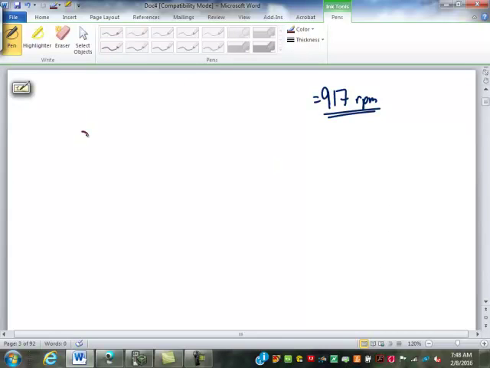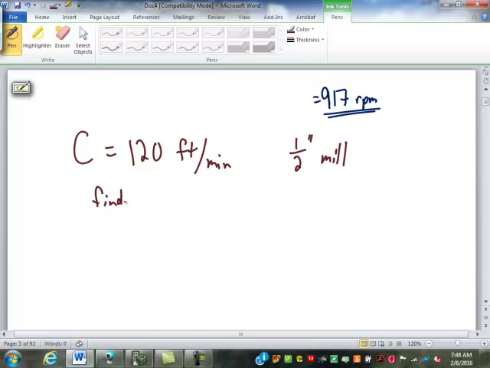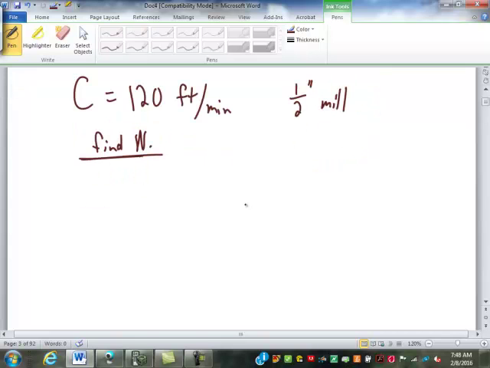So you've got a material with a recommended surface cutting speed of 120 feet per minute. You are going to cut through it with a 1/2 inch mill. In your notes, find the RPM you'd set your mill at. So what'd you come up with?